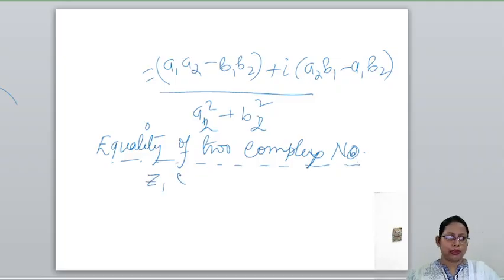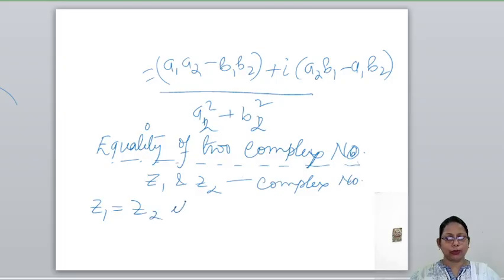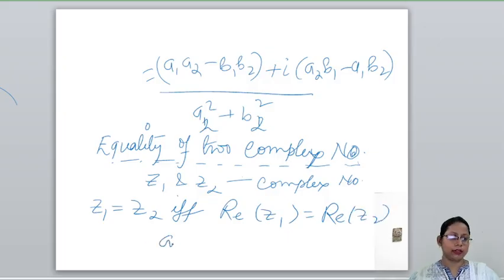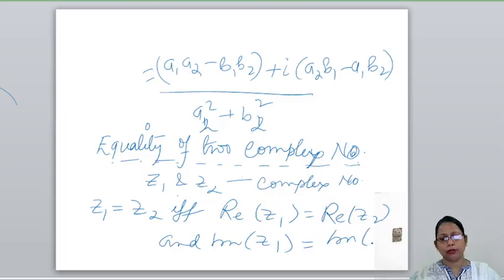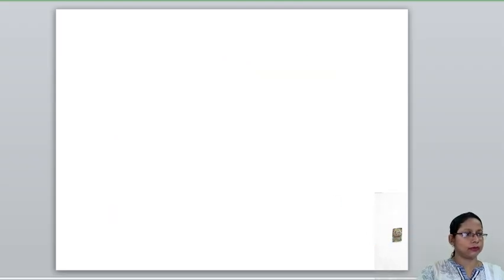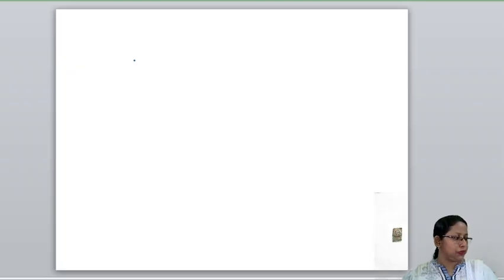If z1 and z2 are two complex numbers, then they are equal, z1 equal to z2, if and only if the real part of z1 is equal to the real part of z2 and the imaginary part of z1 is equal to the imaginary part of z2. Okay.